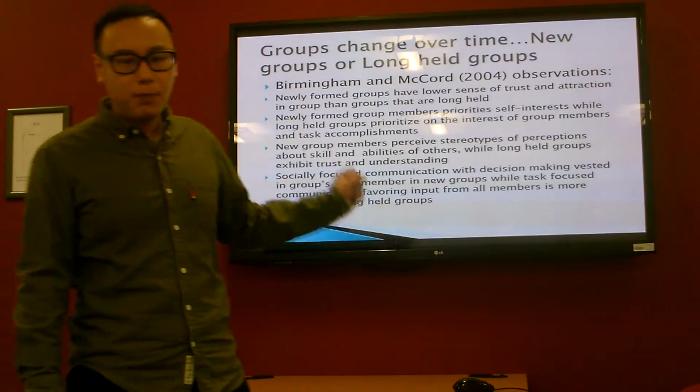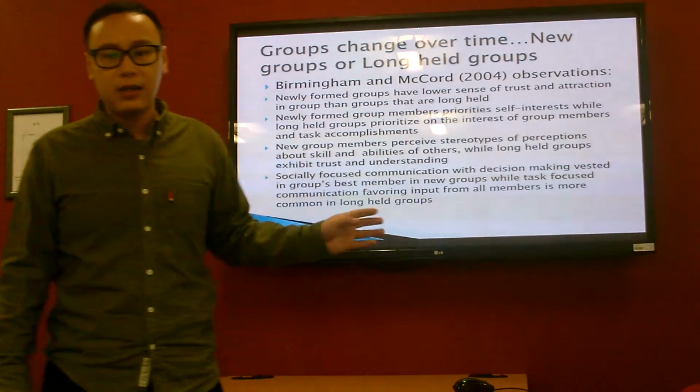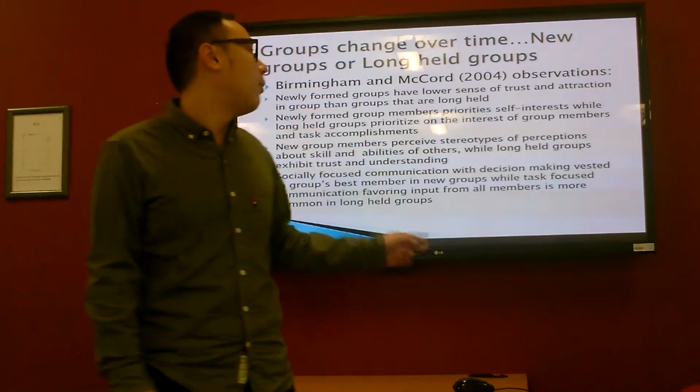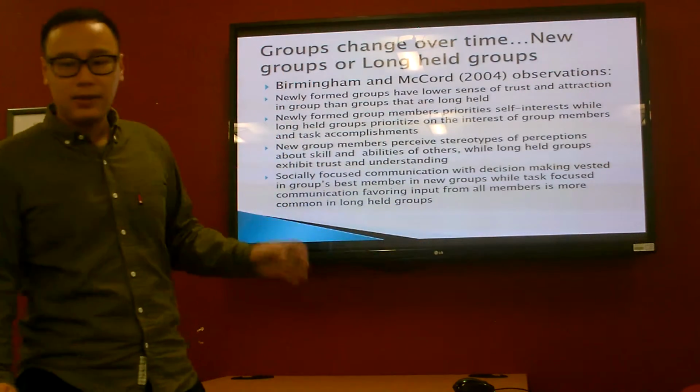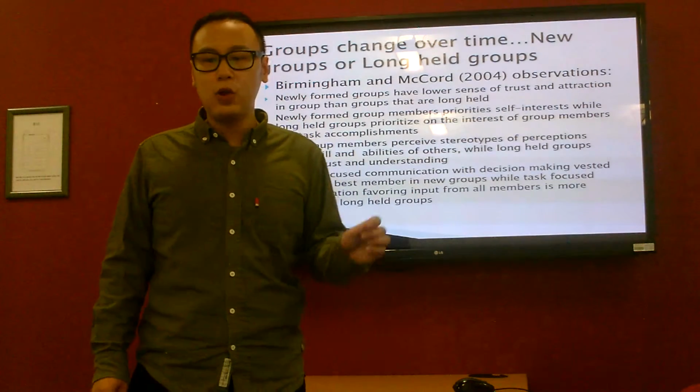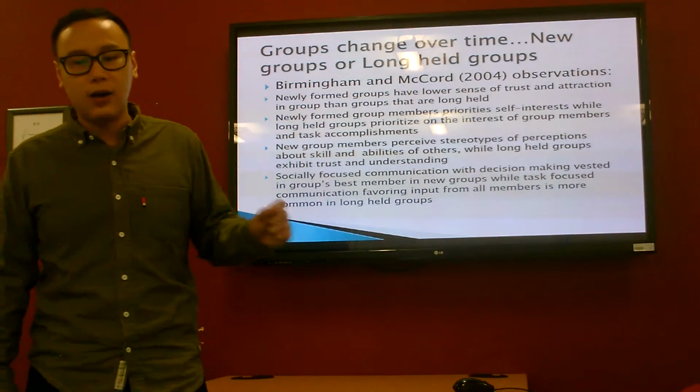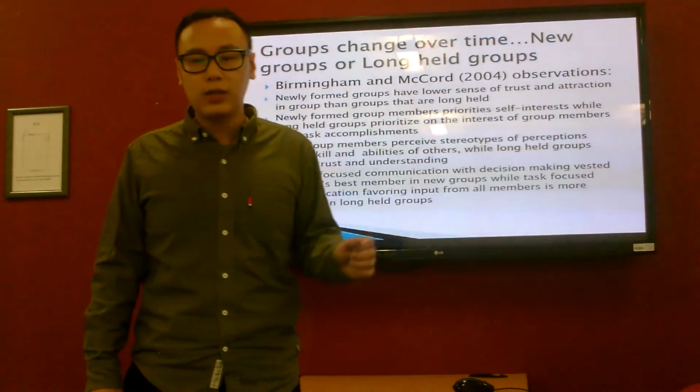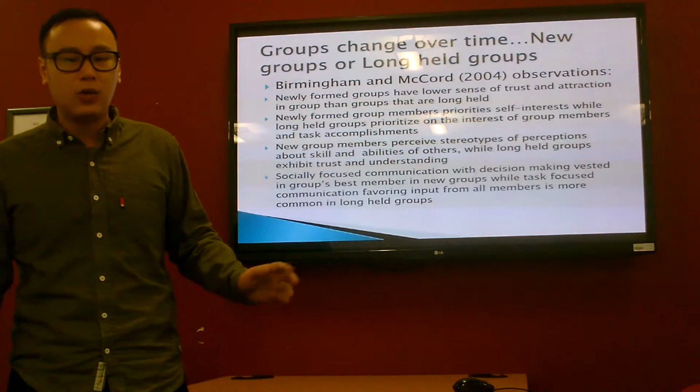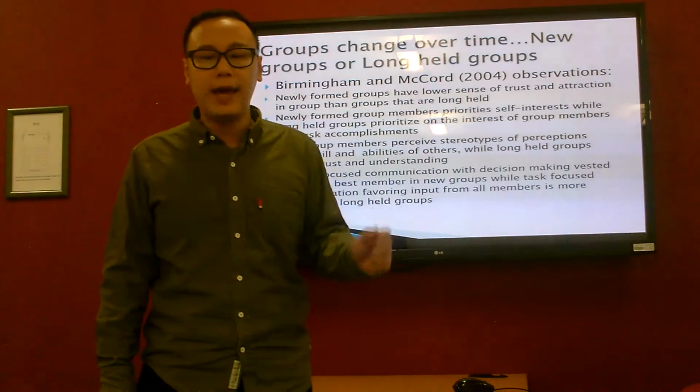And how groups change over time, new groups or long-held groups. According to Birmingham and McCord's observations, newly formed groups have a lower sense of trust and attraction in the group than groups that are long-held.